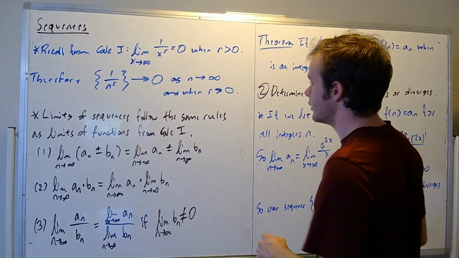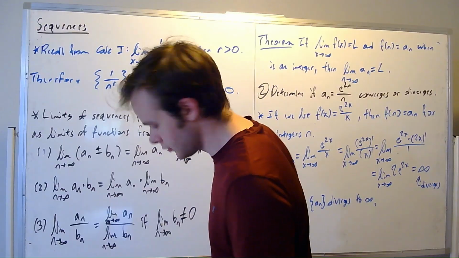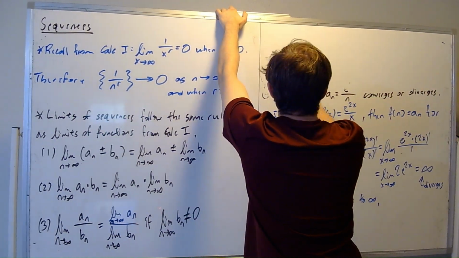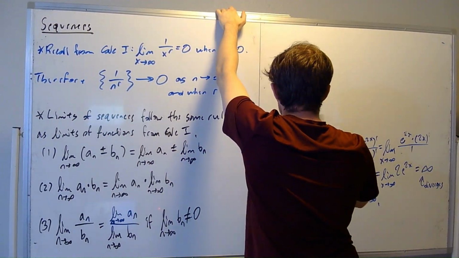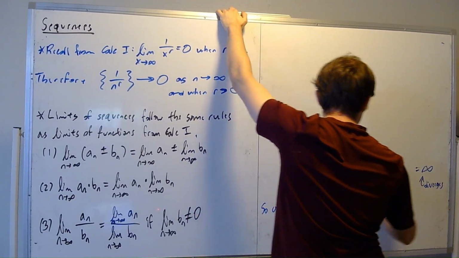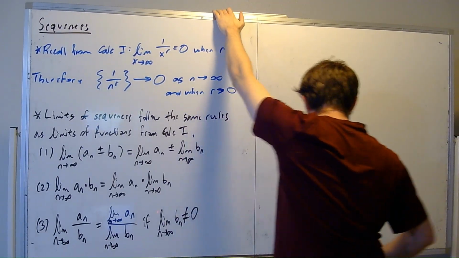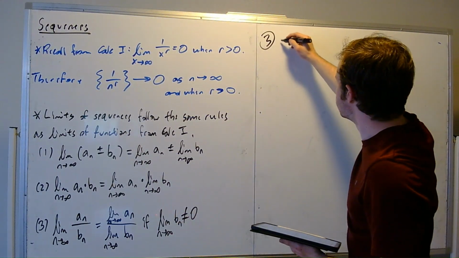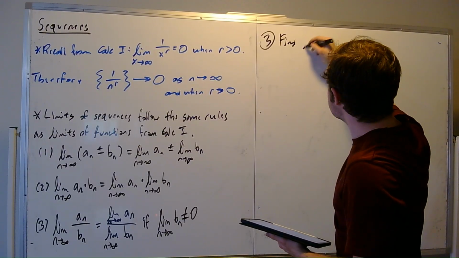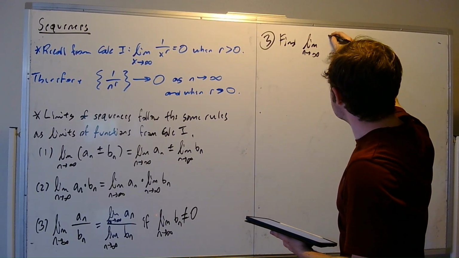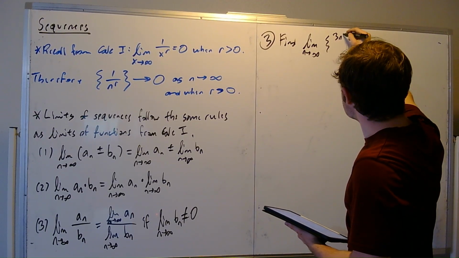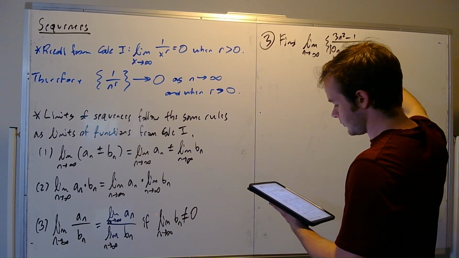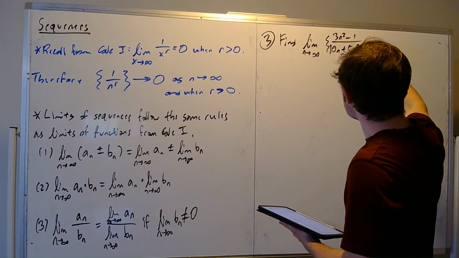Now we want to use all these things to actually solve a problem. I think I misnumbered this, but this is example 3. Find the limit as n goes to infinity of the sequence 3n squared minus 1 over 10n plus 5n squared.